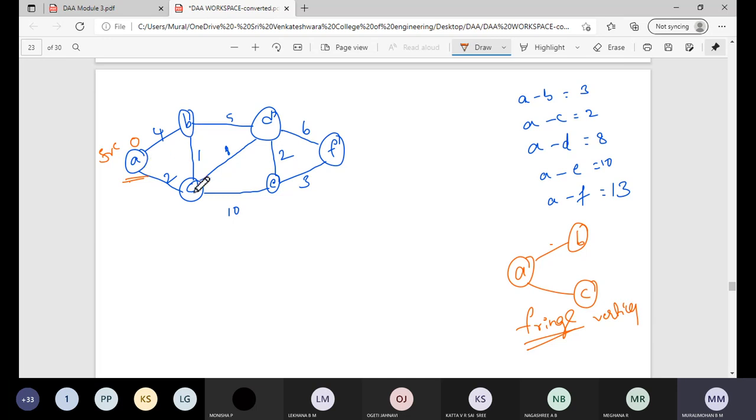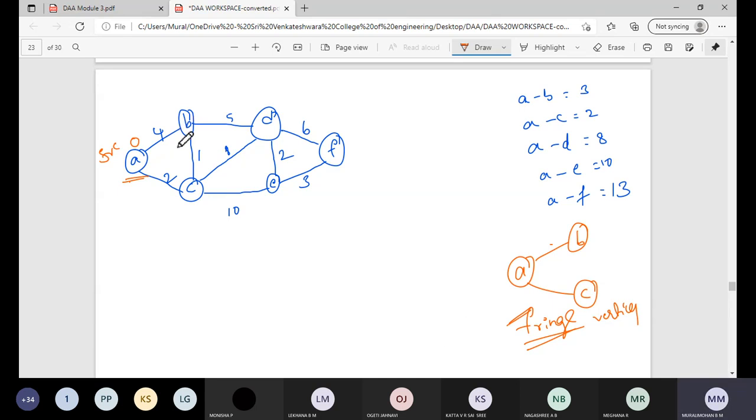That is A, C, D, because all three are directly connected to B. So A, C, D are the fringe vertices of the vertex B. I hope you understood what a fringe vertex is.